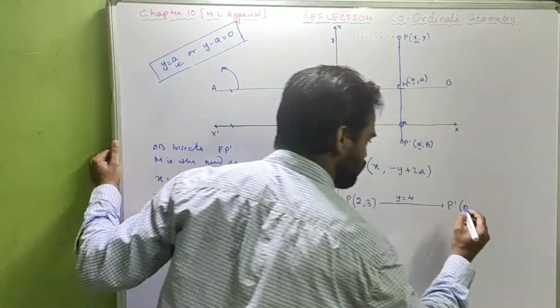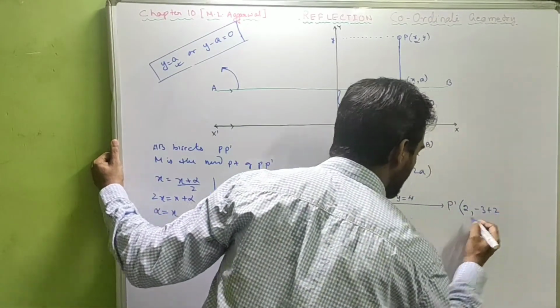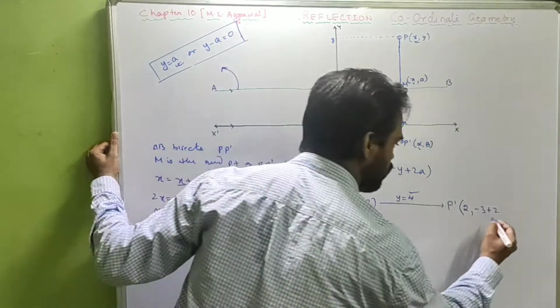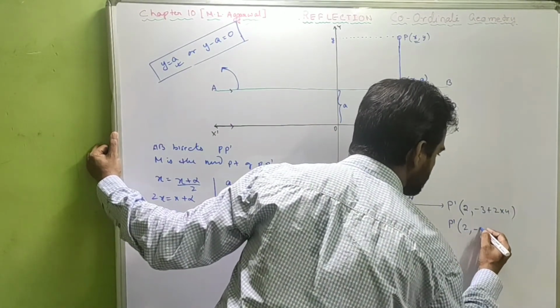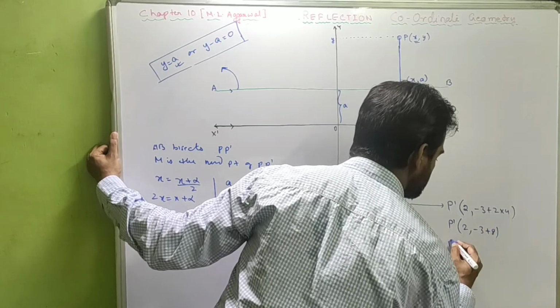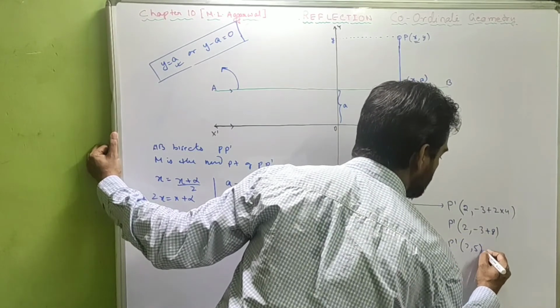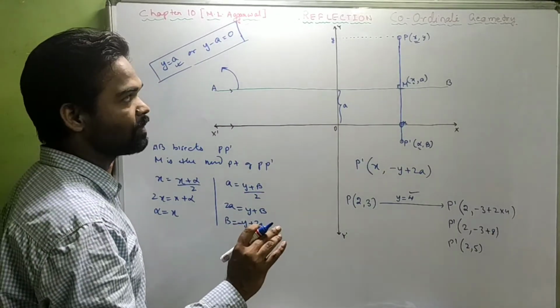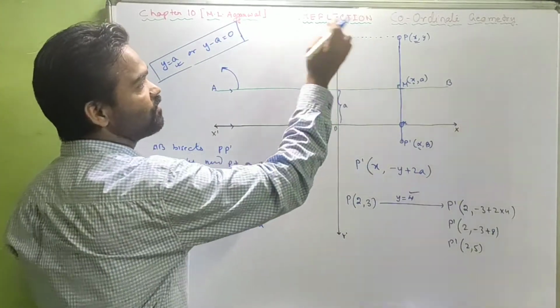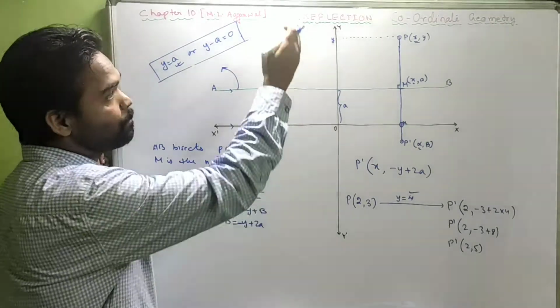You change the sign of the y coordinate plus twice of A, in this case 4, which means P dash is 2 comma minus 3 plus 8, which means P dash will be 2 comma 5. Am I clear?